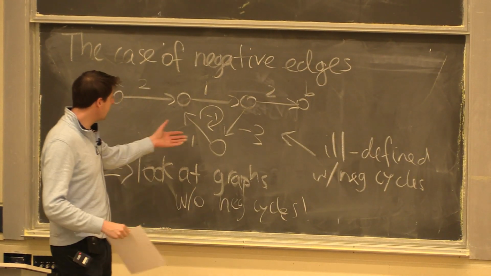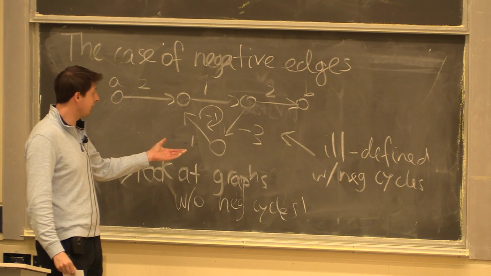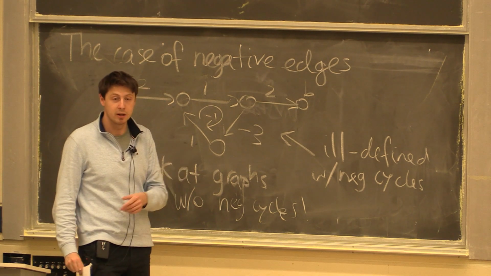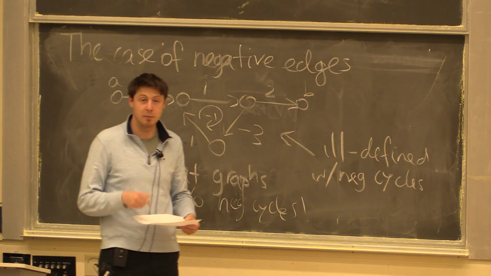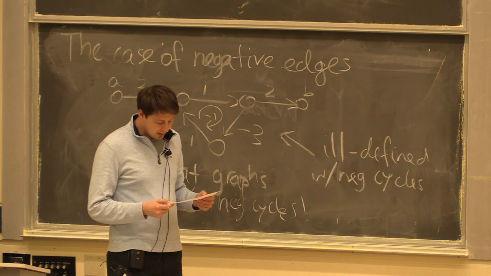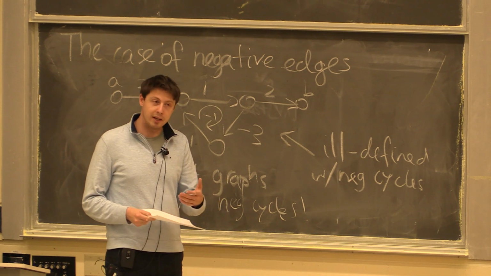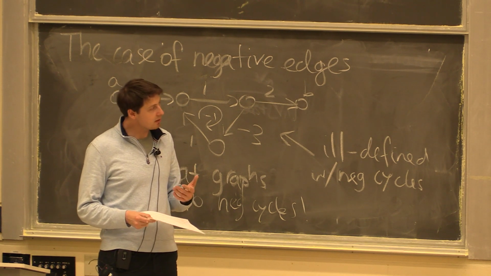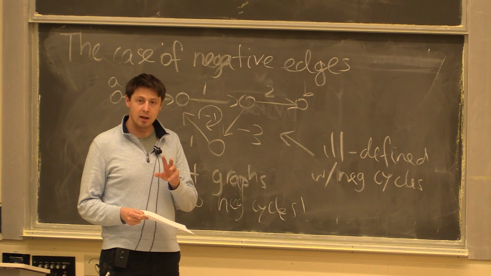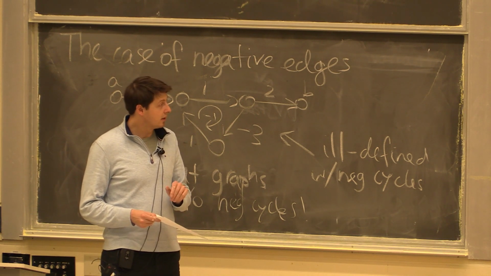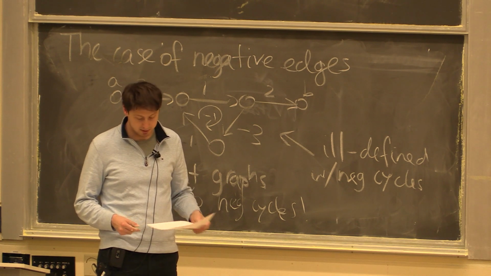In a graph that looks like this, the cycle that is negative is obvious, but when you have a messy graph, who knows? It might just be some weird grand tour that happens to sum up to something negative. So next time, we'll look at how we detect negative cycles. We'll also look at how we use shortest paths on DAGs, which is another nice class. And then we'll move on to other things from there.